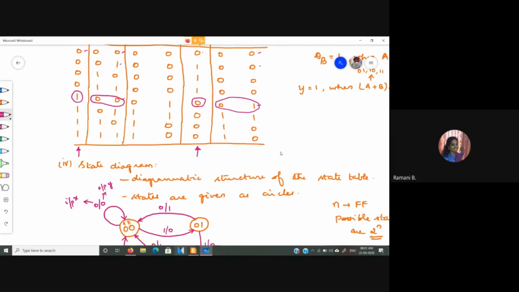If the input is 1, this indicates the input value. Your output is 0, so that is given over here. And the next state is 0 1, so the arrow moves to the next state 0 1. Do you understand? Yes ma'am. Okay, same way you have to do with the entire table.